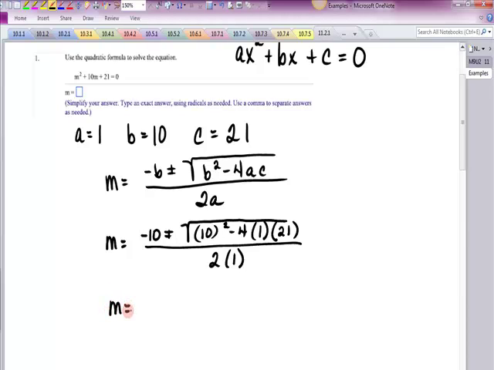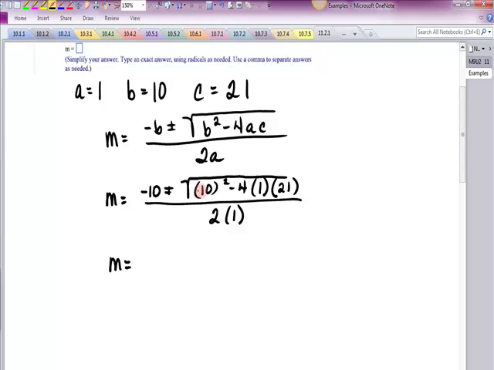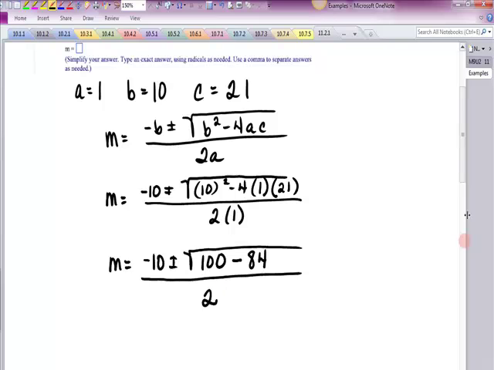So m is equal to, now we need to take however many steps it takes you to come up with a single number for under the radical. So it's negative 10 plus or minus the square root of 10 squared is 100. This is a negative times a positive, so it's going to be a minus 84 all over 2.